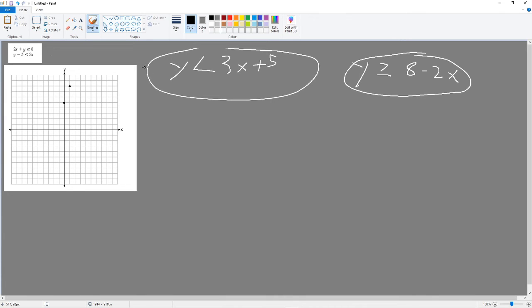Okay. And then, is there any way I can do a dotted line? Okay, so I can't really do a dotted line, but this will have to do.